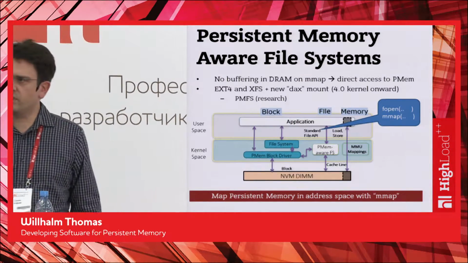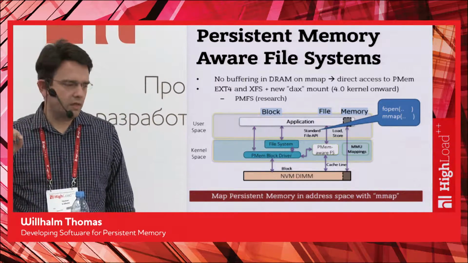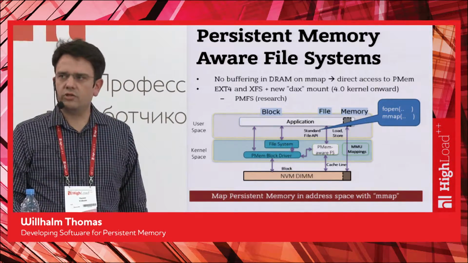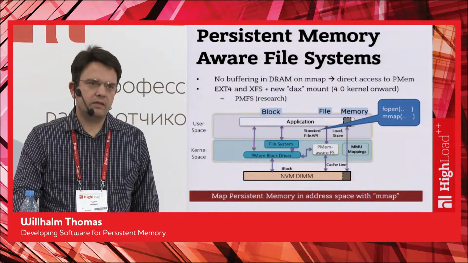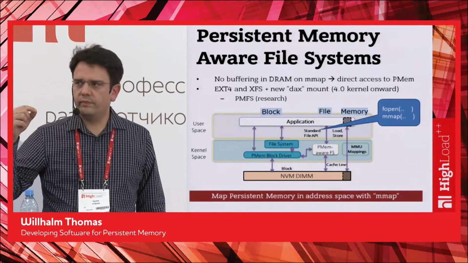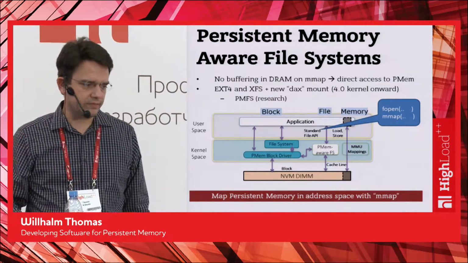In order to do this with persistent memory, you need a special file system. There are already the early drops out there, so you can fetch it from GitHub and use either ext4 or XFS with a persistent memory aware file systems.